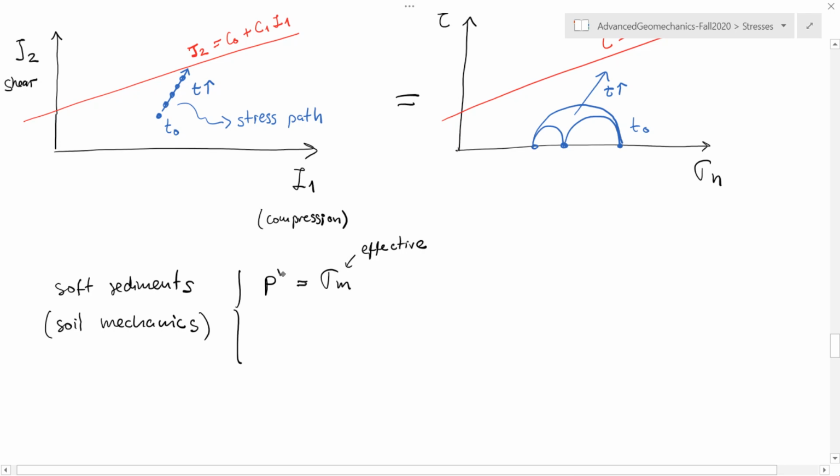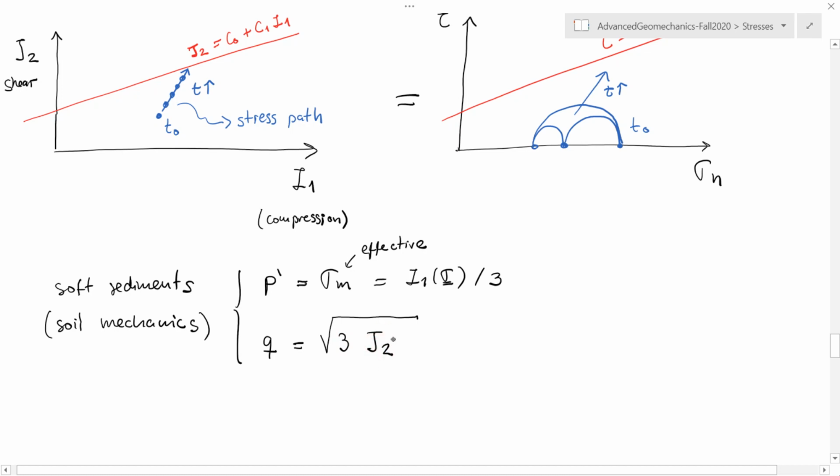And here we're just going to use sigma to denote effective stress. And we also know that this is just the first invariant of the full stress tensor divided by 3. And the other value is Q, where Q is defined as the square root of 3 times J2.